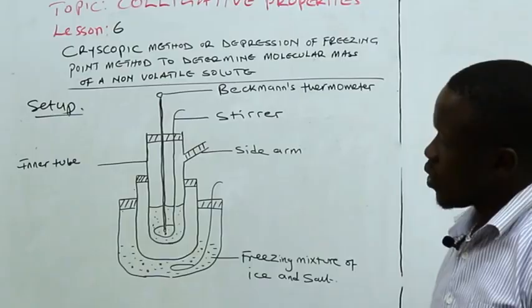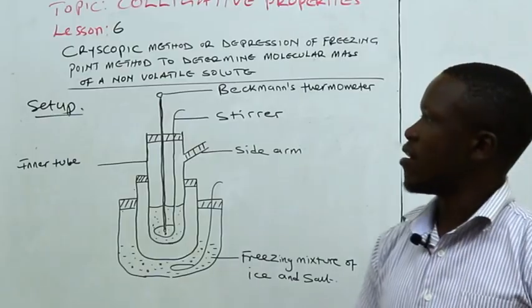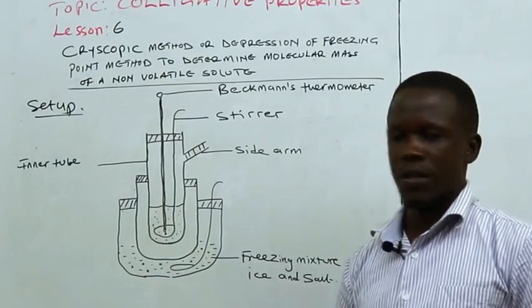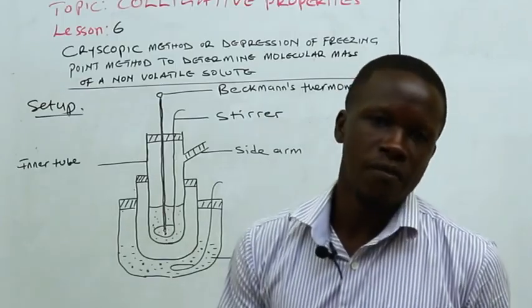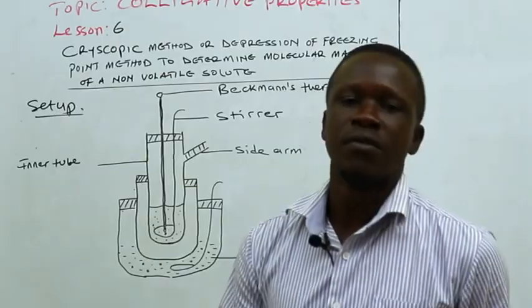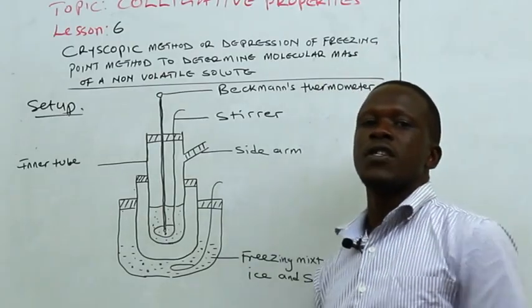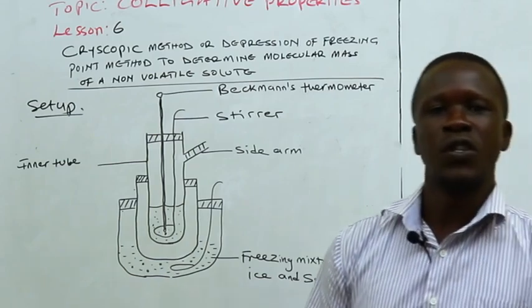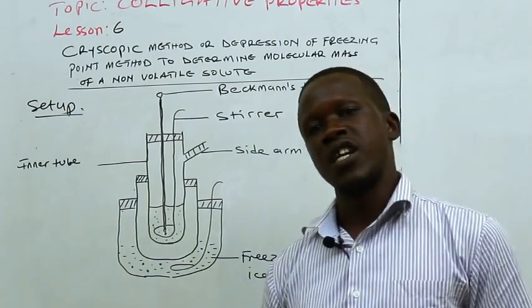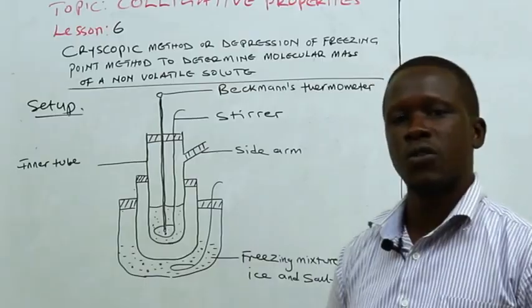And so, what is this setup of apparatus used for? This setup of apparatus is simply used to determine the freezing point of the pure solvent, and then the freezing point of a solution after introduction of a known mass of the solute.